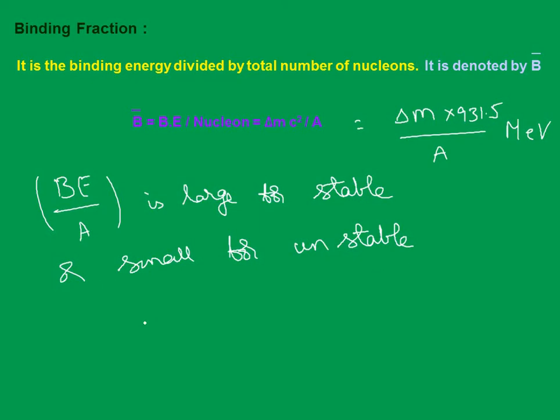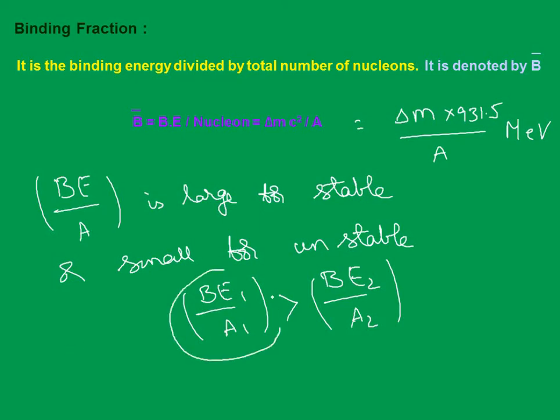So if you want to speak in terms of two different kinds of nuclei, for example, Be1 by A1 for one nucleus and Be2 by A2 for another nucleus. Suppose Be1 by A1 is greater than Be2 by A2, then the nucleus with Be1 by A1 is more stable, as a comparison, right?